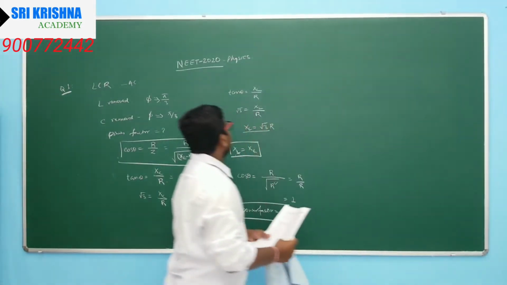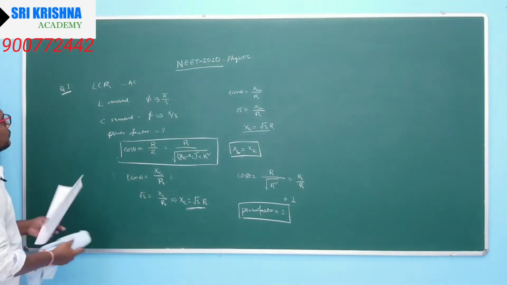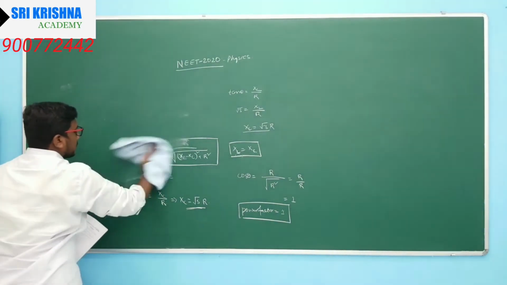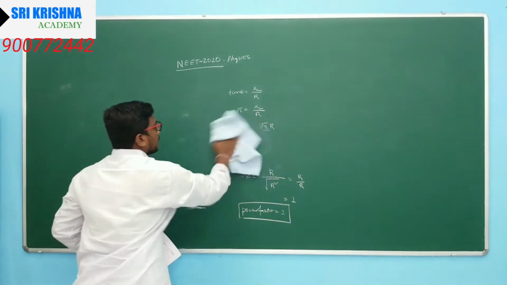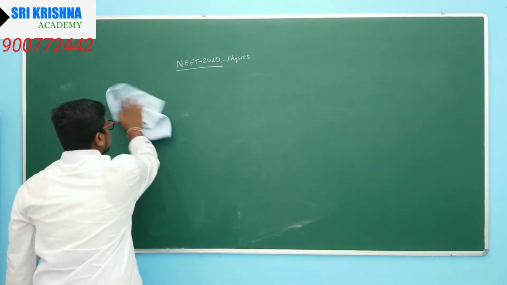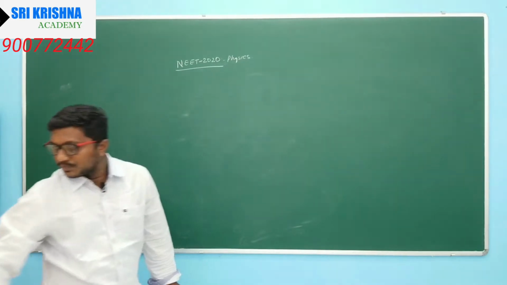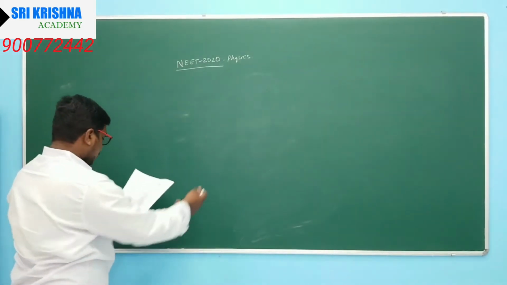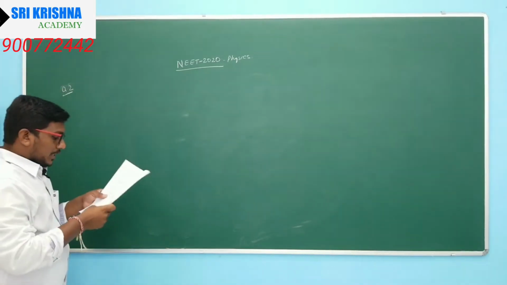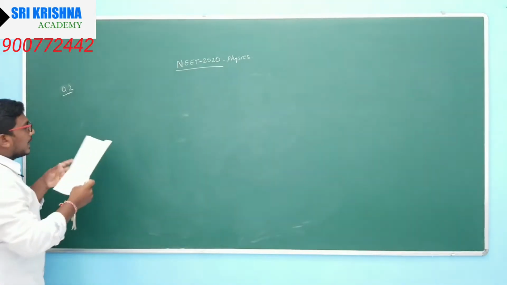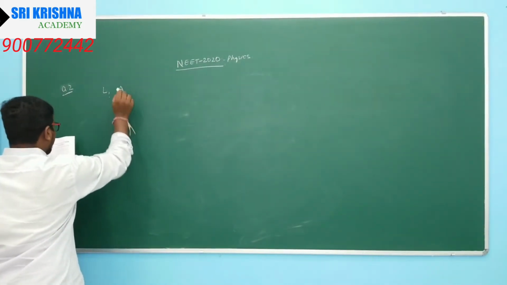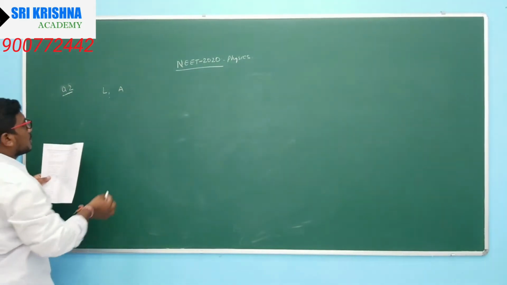So the next question. He is saying that a wire of length L, area of cross section A, is hanging from a fixed support.